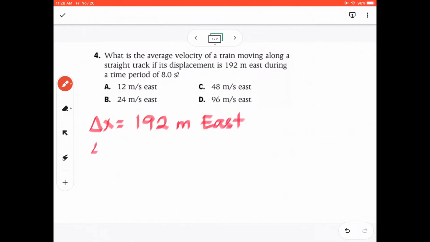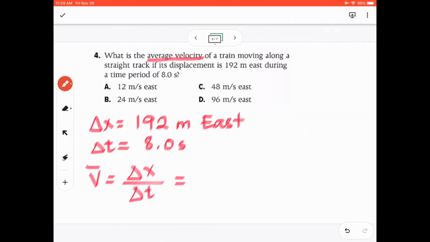Then we have our time interval, delta t, equal to 8.0 seconds. The formula for average velocity is delta x divided by delta t.